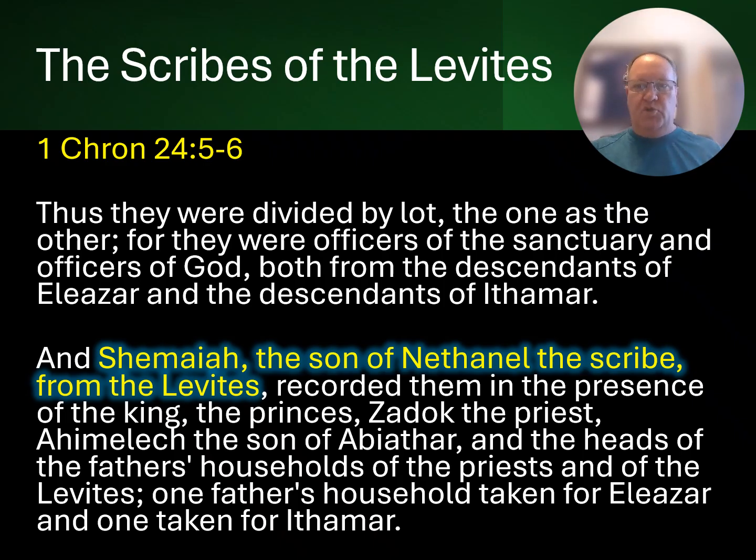Those are two high priestly families. And notice this, "And Shemaiah, the son of Nethanel, the scribe from the Levites, recorded them in the presence of the king." And you could go on from that. But now we start to see Levitical scribes coming from Levi.